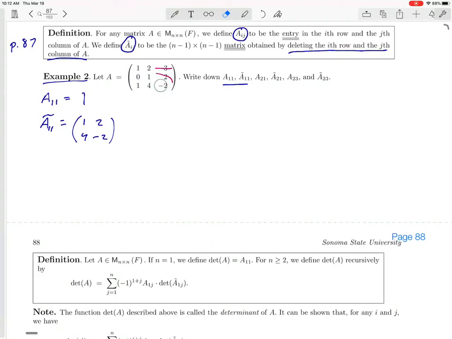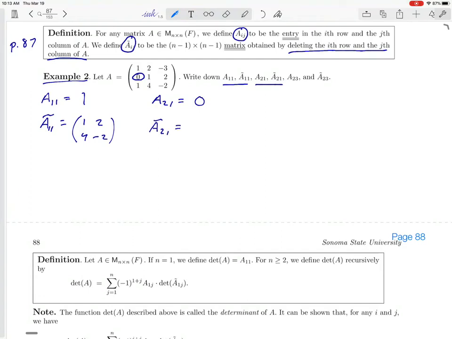All right, let's get rid of what we wrote so that we can go on to the next phase here. Now let's see if we can calculate A21 and A21 tilde in an analogous way. Starting with A21, that is the entry in our matrix that's in the second row and the first column. So that would be that one right there.